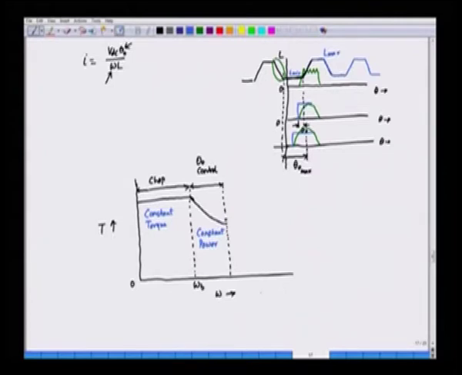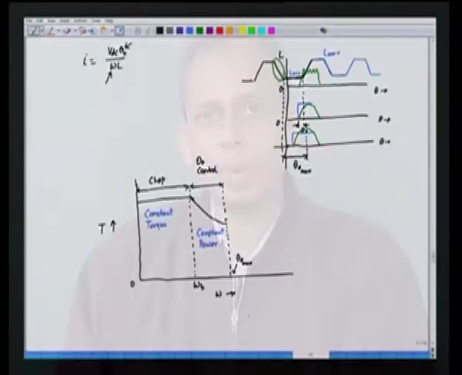Here we reach the maximum theta naught. At this instant, theta naught is maximum. We cannot go beyond the maximum theta naught. So, we enter into T omega square constant. So, T omega square is kept constant after theta naught reaches theta naught maximum.